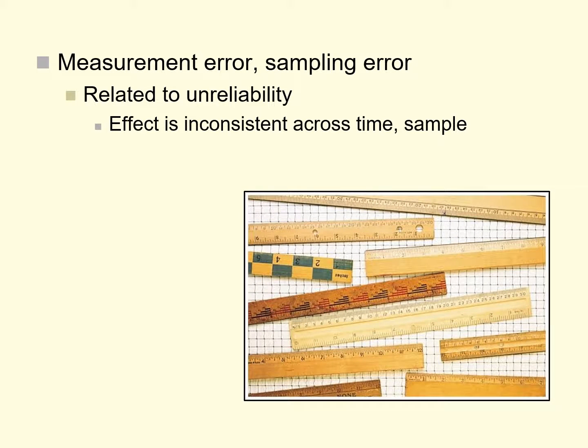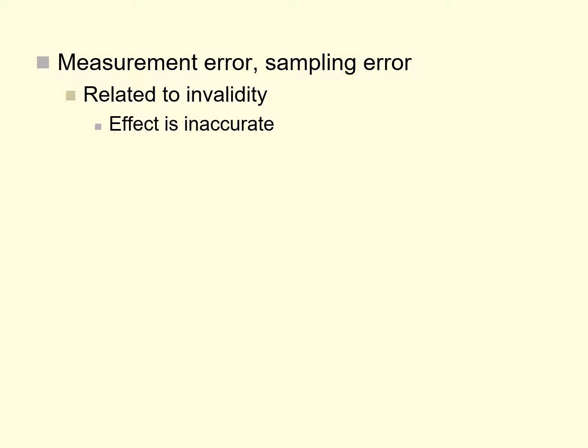So measurement error and sampling error are related to the idea of unreliability. An effect will be inconsistent across time and across samples. Measurement error and sampling error can also be thought of as related to invalidity. They can lead to inaccurate measurements or inaccurate estimation of parameters.